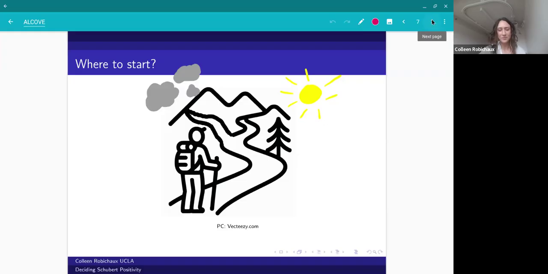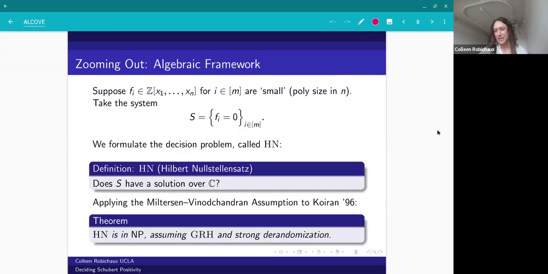And our first step in this journey was that we kept failing in trying to prove that the answer to this problem was hard. We couldn't prove that it was very, very hard to decide the Schubert coefficient was 0. And so we zoomed out a bit and said, okay, there has to be extra structure to this problem that we're not taking account of.